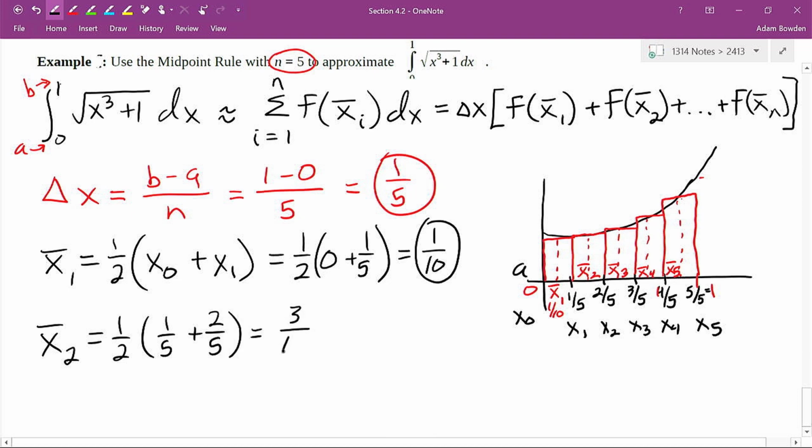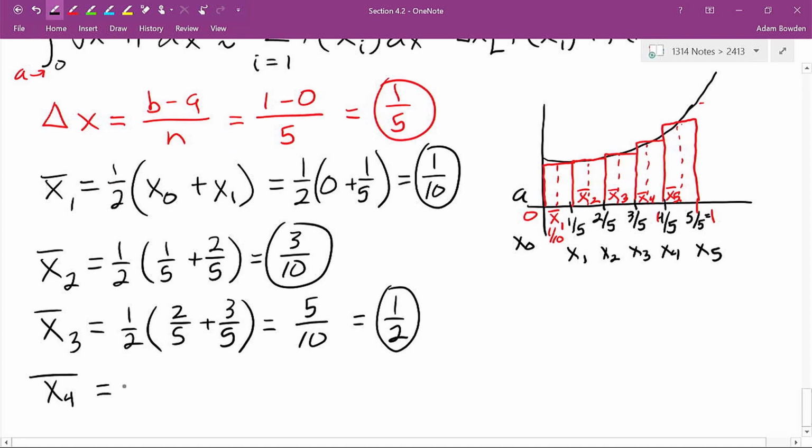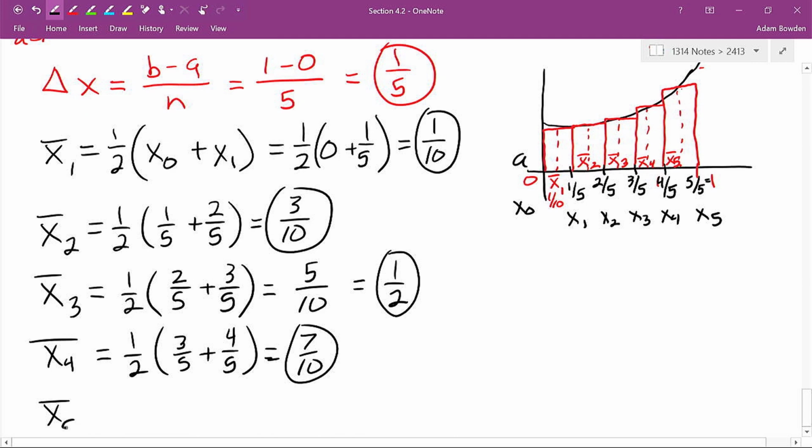That's going to be equal to 3/10. x̄3 would be equal to 1/2 times 2/5 plus 3/5, which is going to be equal to 5/10, or I guess just 1/2. And x̄4 would be equal to 1/2 times 3/5 plus 4/5, and that's going to be 7/10. And then finally x̄5 is going to be equal to 1/2 of 4/5 plus 5/5, which is going to equal 9/10.